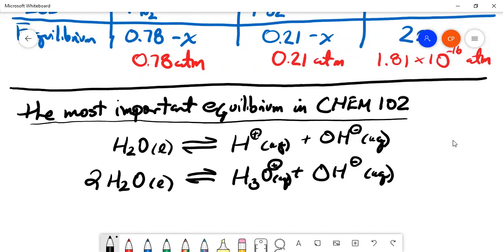Which side represents the dispersed phase? Which side's got the aqueous stuff? Right side. Okay? And which side has the condensed phase stuff? H2O is a liquid on the left.